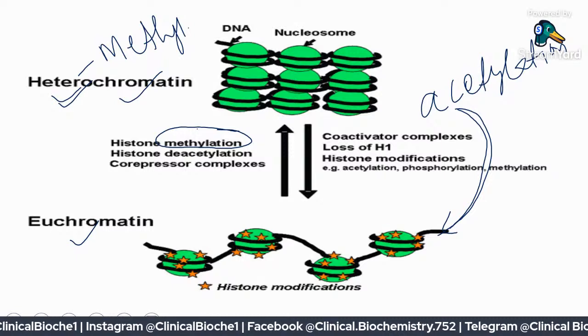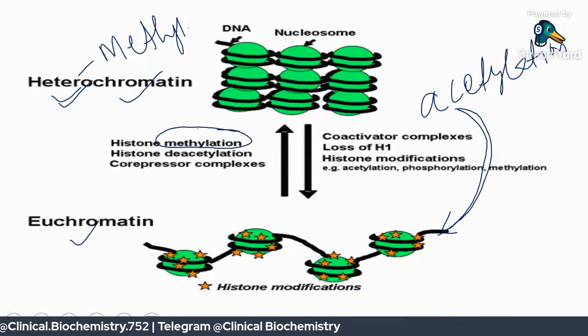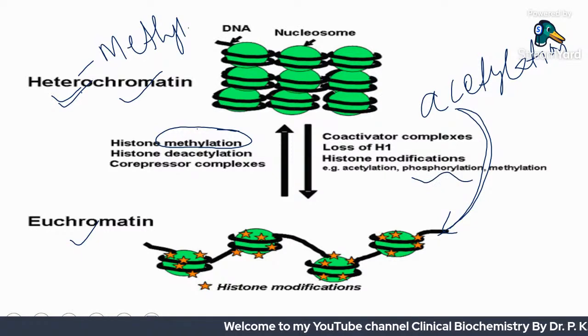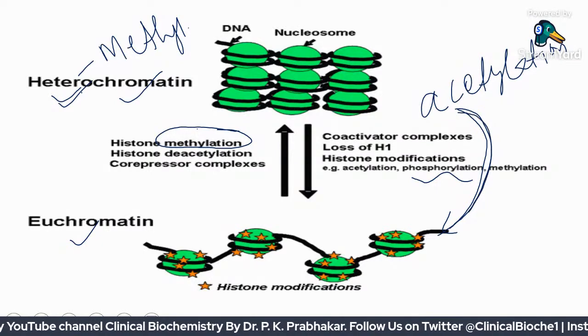So these are the two major types of modifications which histones get, and by this they are converted from heterochromatin to euchromatin. But other than this, there are other modifications also, like phosphorylation and ubiquitination. They also convert heterochromatin to euchromatin.